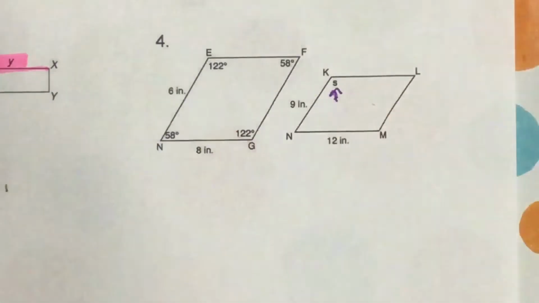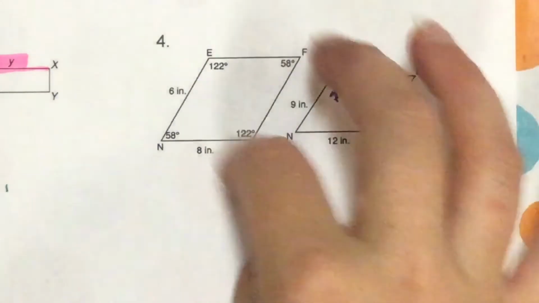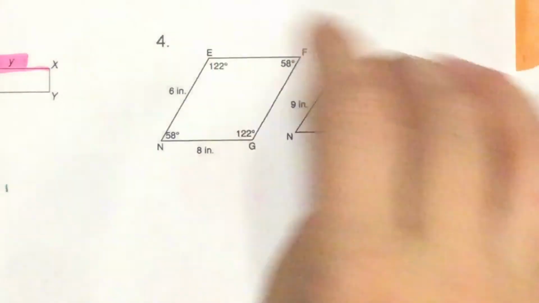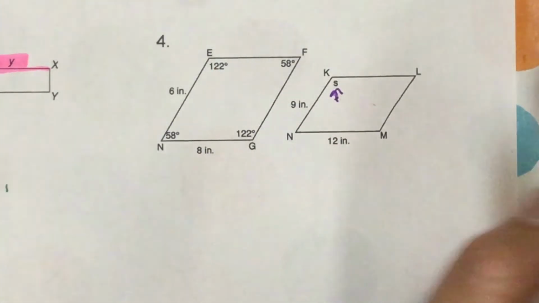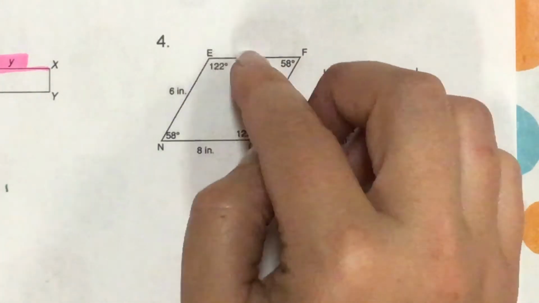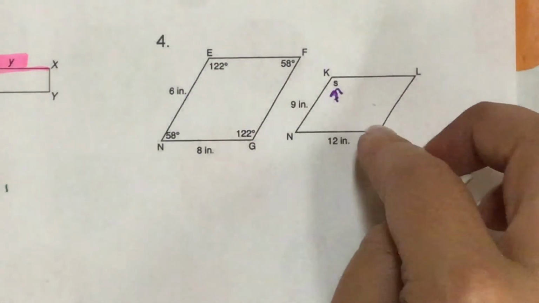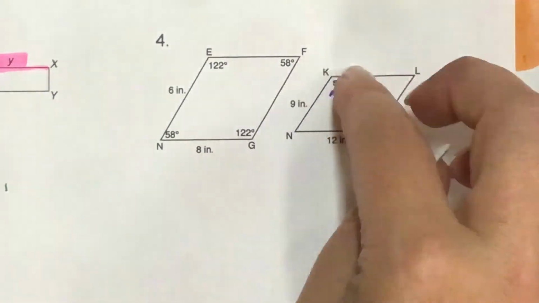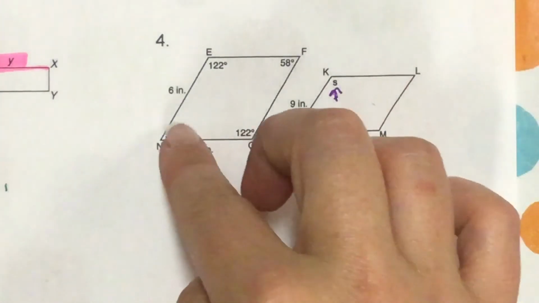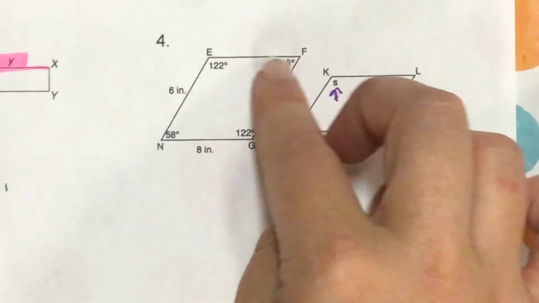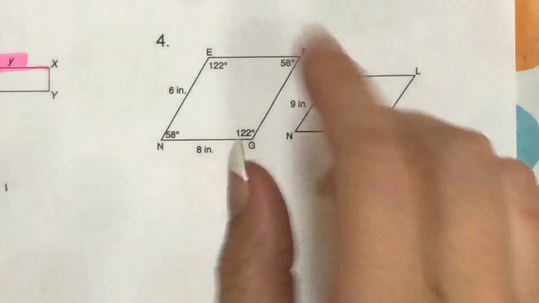Now, with similar figures, the corresponding angles are exactly the same. And if you can see, we have a big angle here, a big angle here, which are the same. And right here, we have a big angle and a big angle there. Here, these are smaller angles, and a small angle there, which is the same.